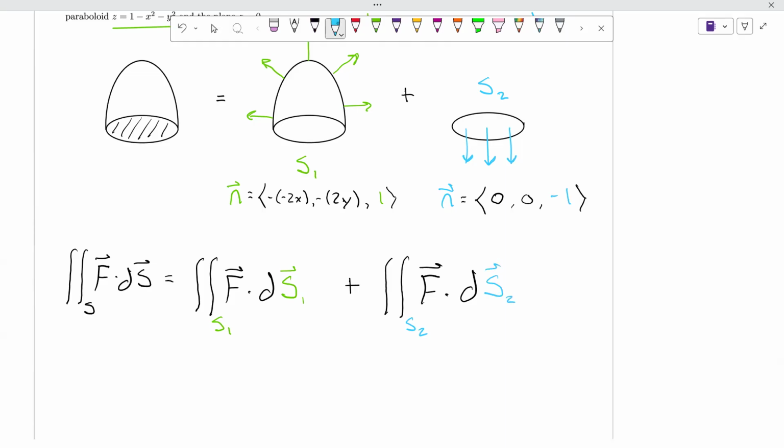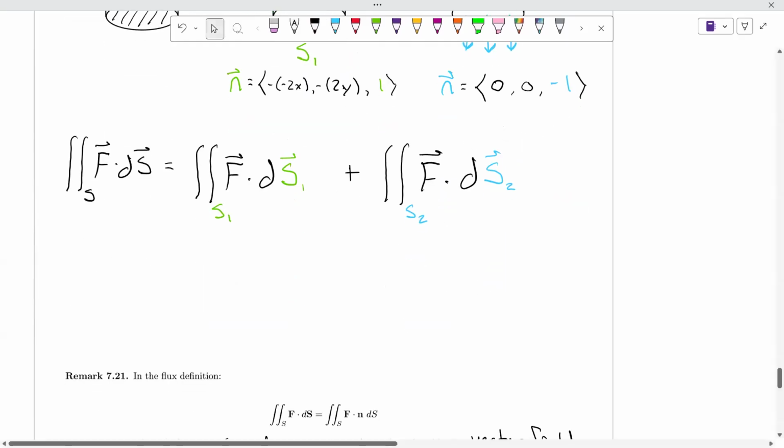Both of those elements are going to change on the two different surfaces. But this is now something I can go write out.